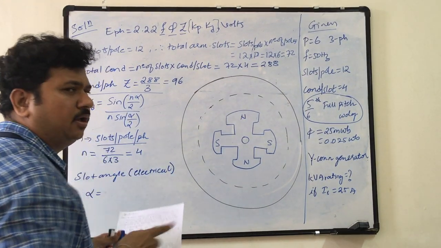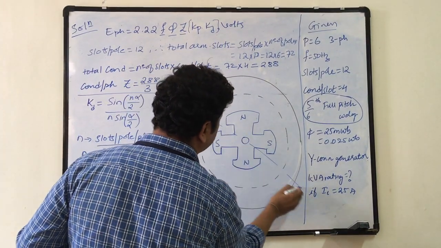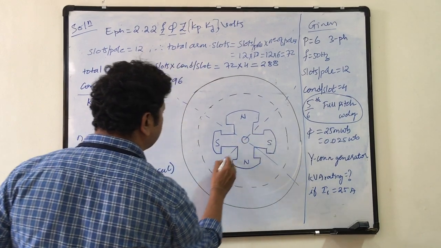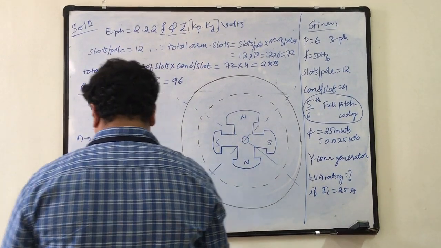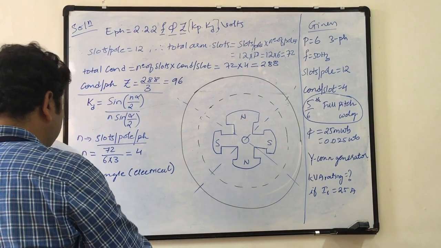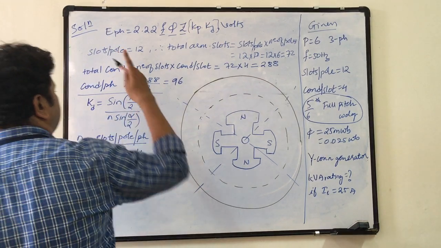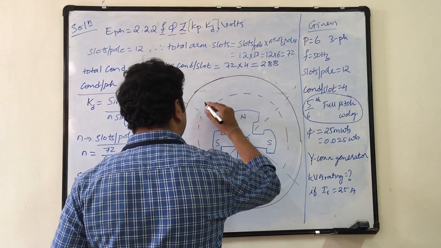I will take under only one pole. Under all other poles it will be the same. So under this north pole I will take some number of slots. How many slots do I have per pole? The number of slots per pole is 12. I will try to draw 12.